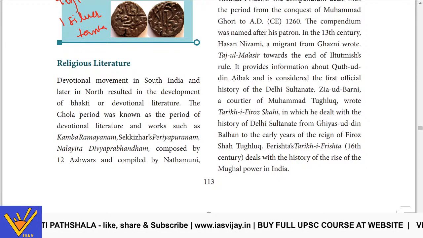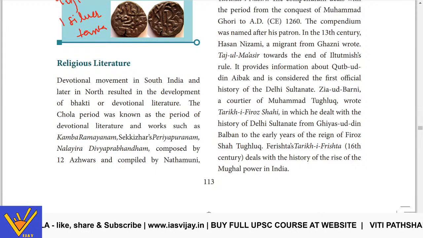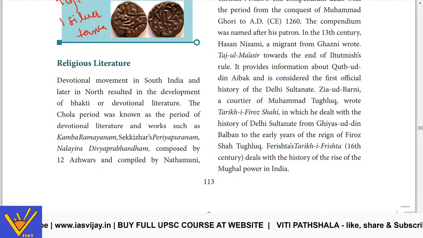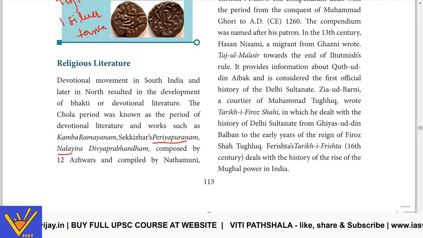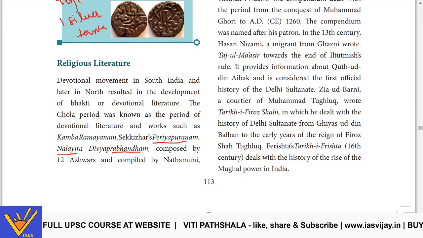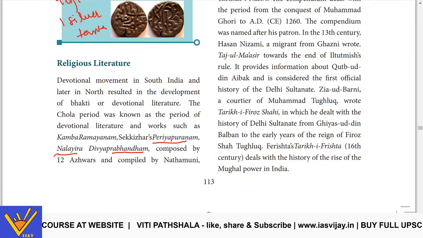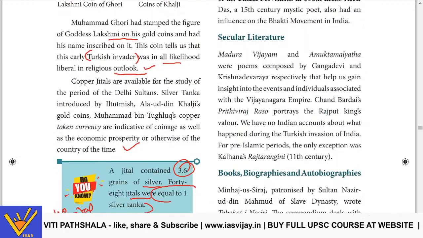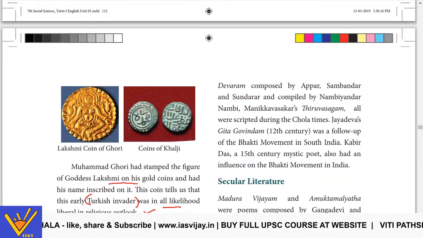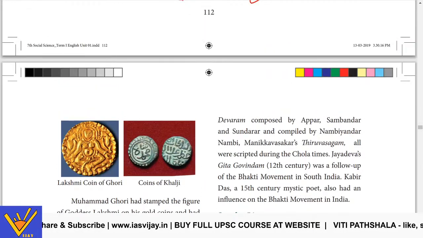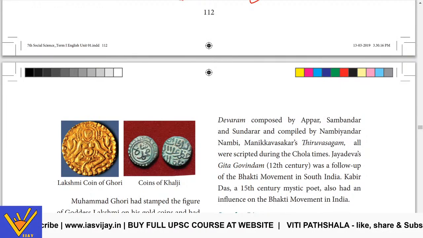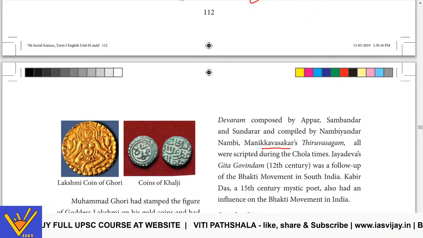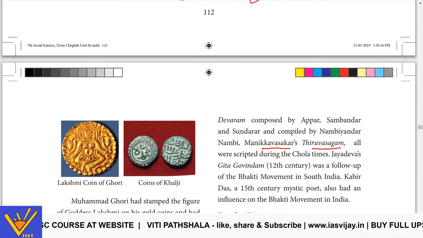The Chola period was known as the period of devotional literature, and works such as the Kamba Ramayanam, Sekkizhar's Periya Puranam and the Nalayira Divya Prabandham, composed by the 12 Alvars and compiled by Nathamuni. Devaram composed by Appar, Sambandar and Sundarar, compiled by Nambiyandar Nambi, and Manikkavasagar's Tiruvasagam, all scripted during the Chola times.